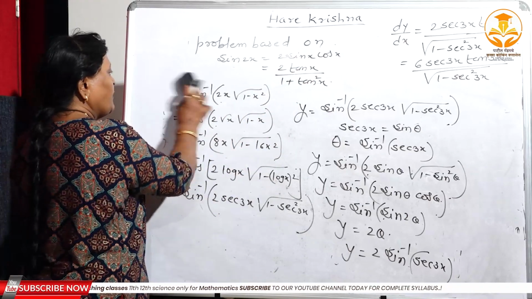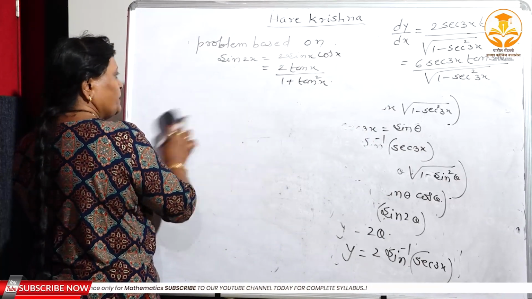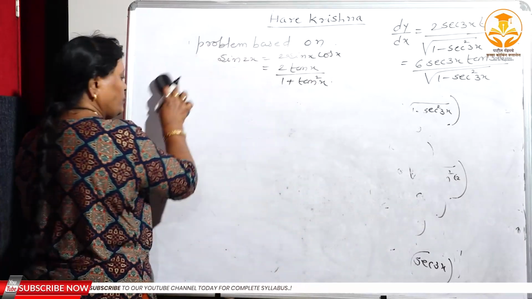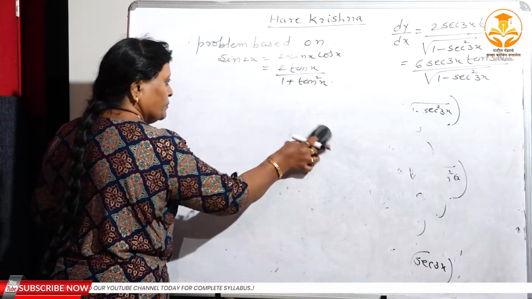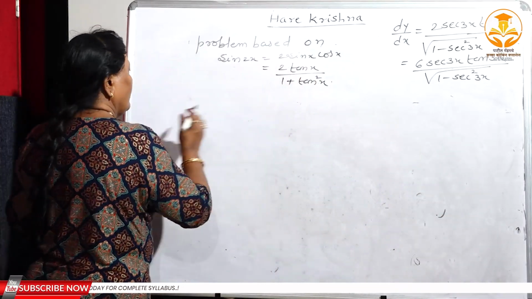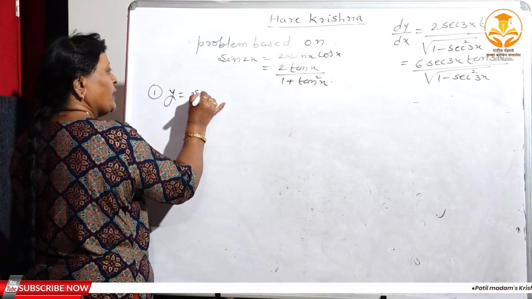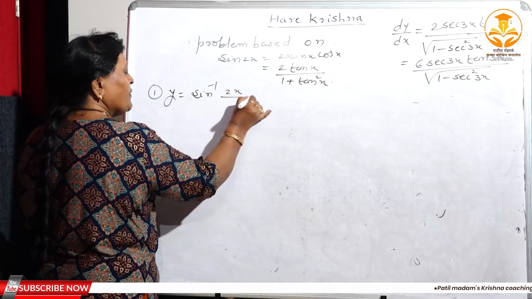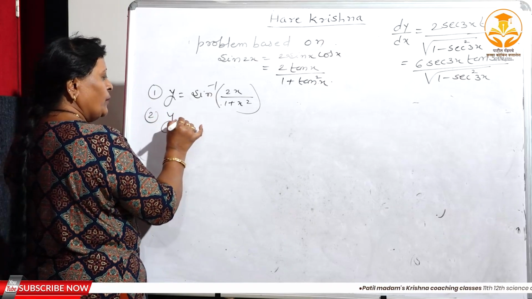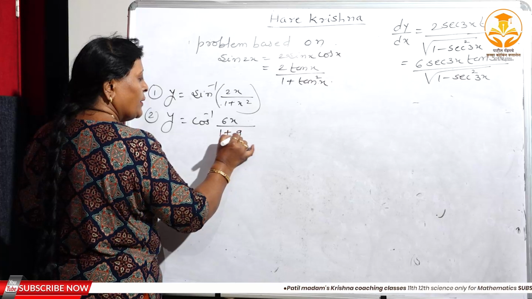Now I will take the second formula. How will you get the problem on this? Here, second formula: y is equal to sine inverse 2x divided by 1 plus x square. Second one, y is equal to cos inverse 6x divided by 1 plus 9x square.